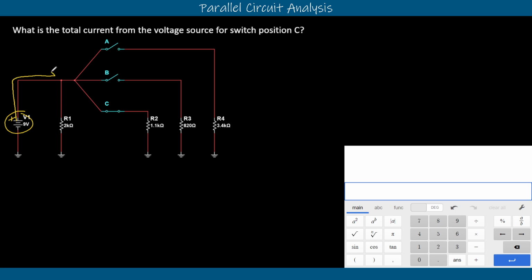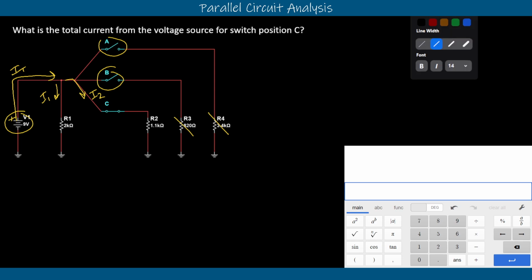We can trace that up and see that our IT splits again to I1 and a new I2 current down branch C. Right, these other ones are open, therefore there is nothing in those circuits at all, not even a potential voltage or current, so we'll cross those off because those resistors don't exist in this circuit. And so now as we trace down through here, we go across switch C down through R2, which means that that is our I2 branch.